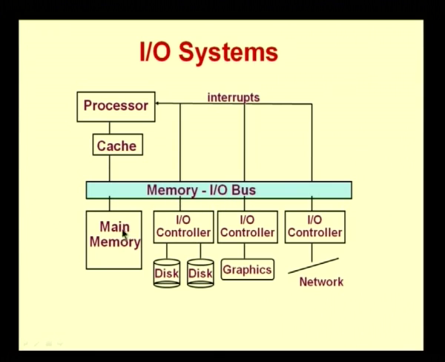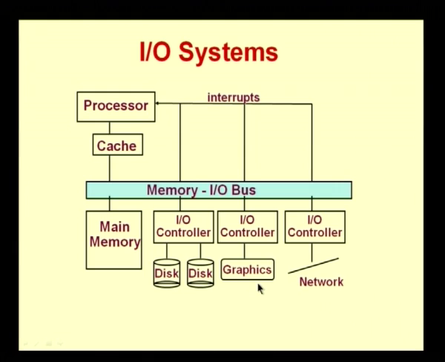The memory as well as different I/O devices are connected by means of this interface, typically a bus. So, we have this memory and I/O bus which connects main memory and the different I/O devices to the processor and the cache.